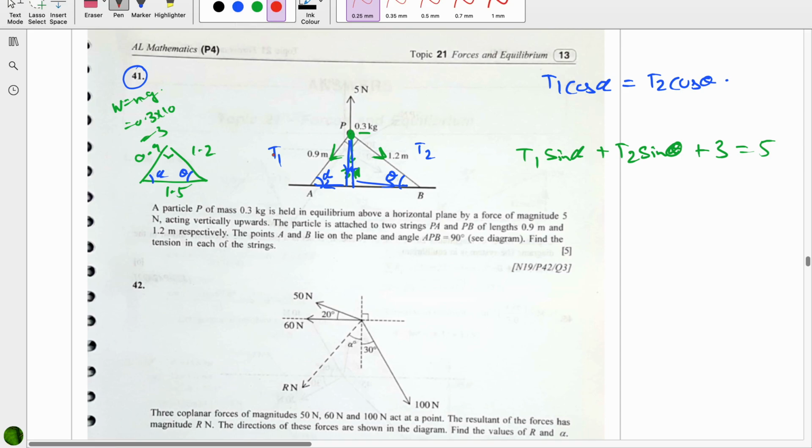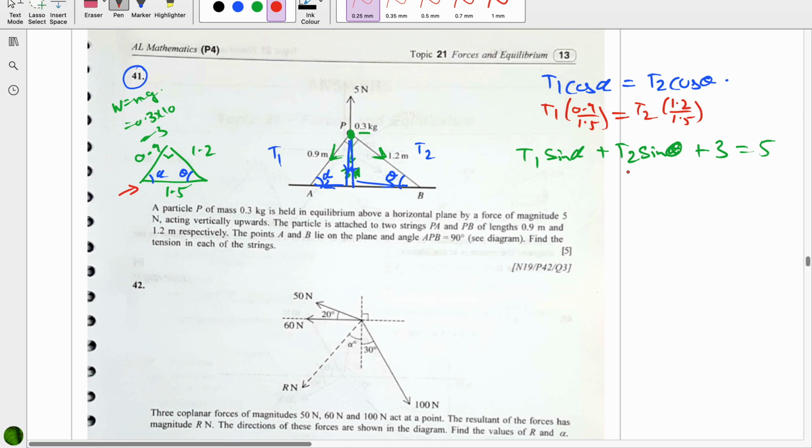Now clearly from the diagram, I can write T1 cos alpha, that is base over hypotenuse, means 0.9 by 1.5. So I don't have to find alpha. On the other side, this is T2 cos theta, base over hypotenuse, again 1.2 by 1.5.